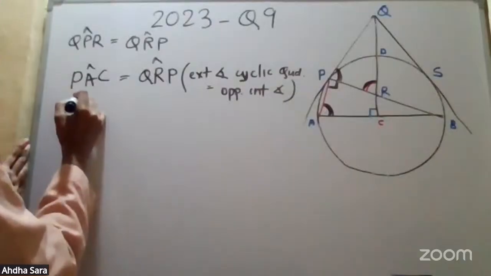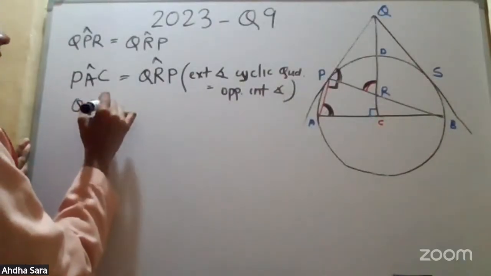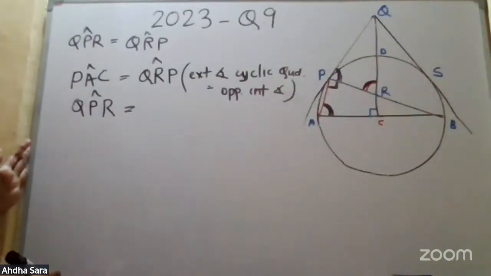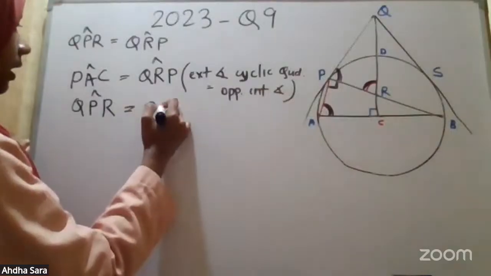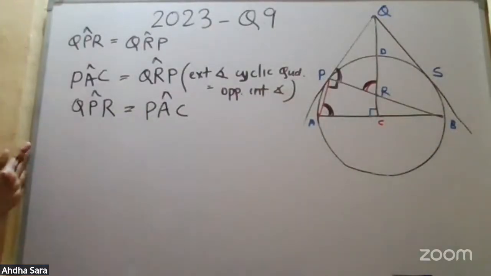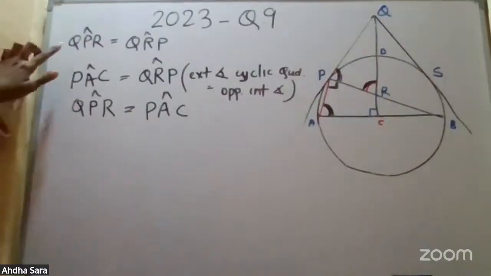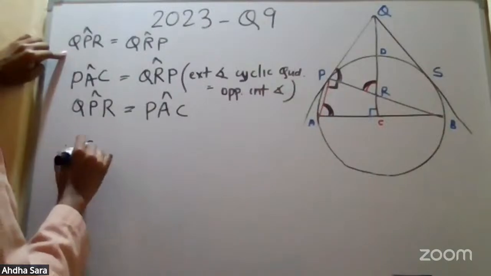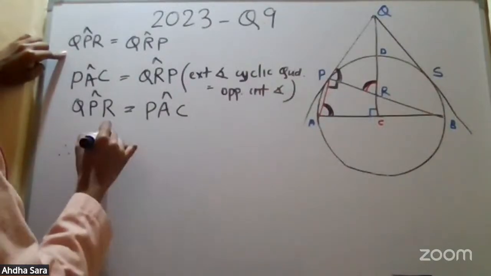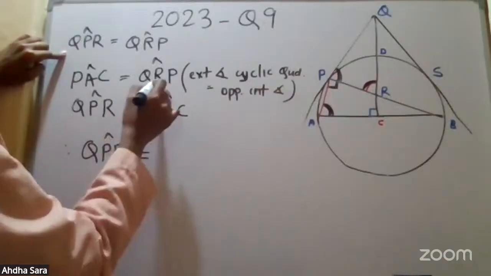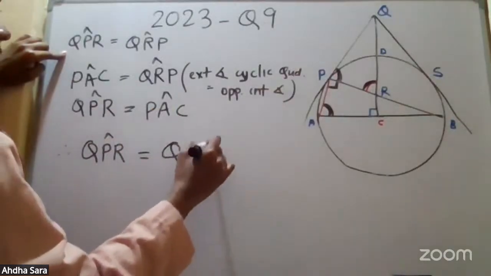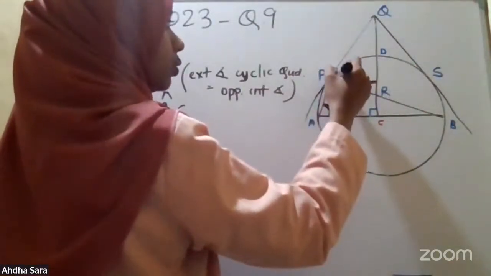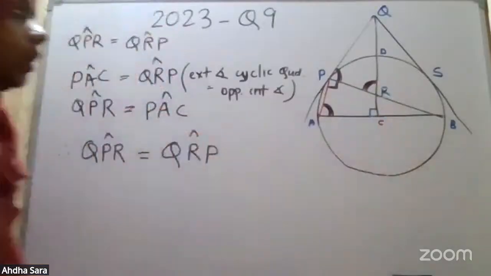So the angle QPR will be equal to the angle PAC. Therefore, you can say the angle QPR will be equal to the angle QRP. Now you have proved these two angles are equal.